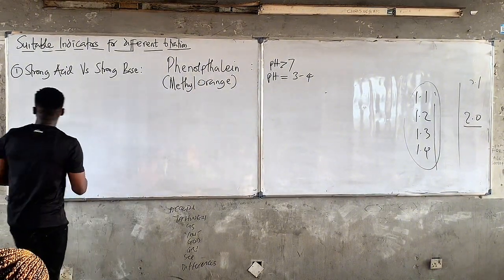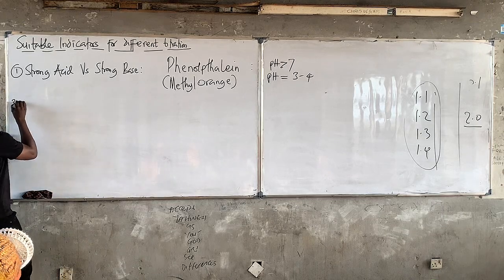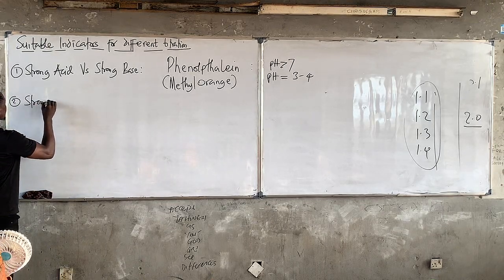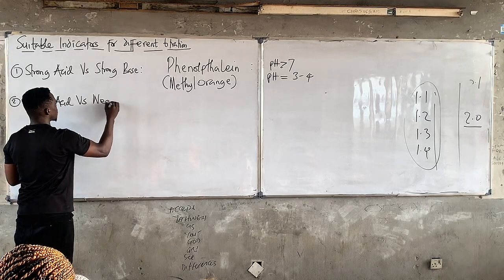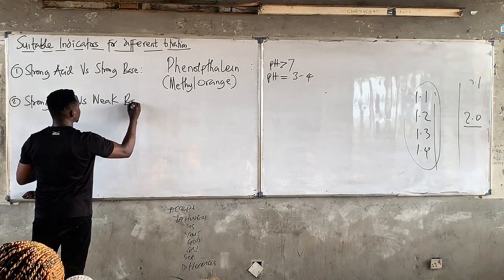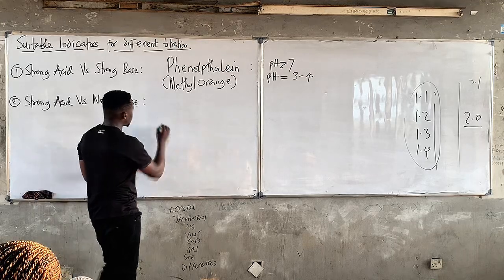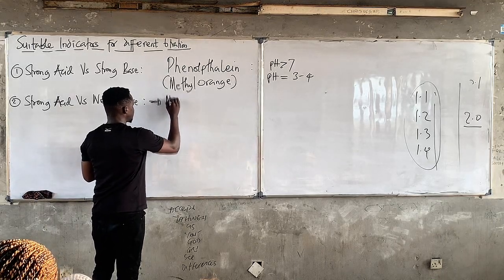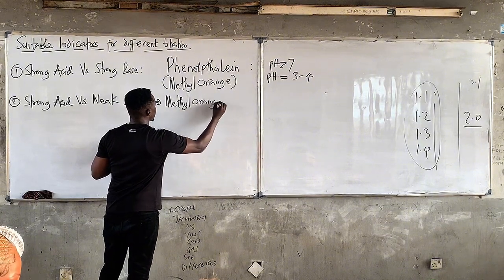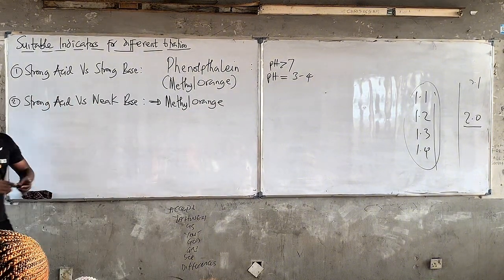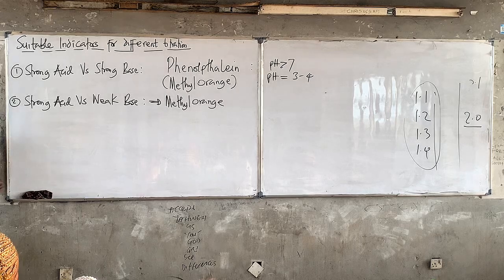Now the next one we have is strong acid versus weak base. The suitable indicator here is methyl orange.